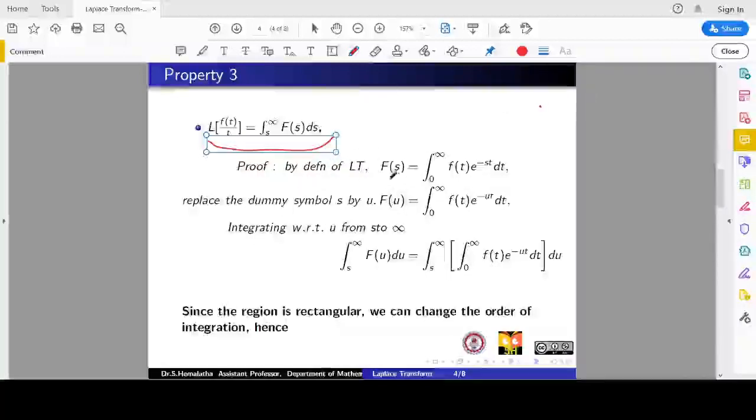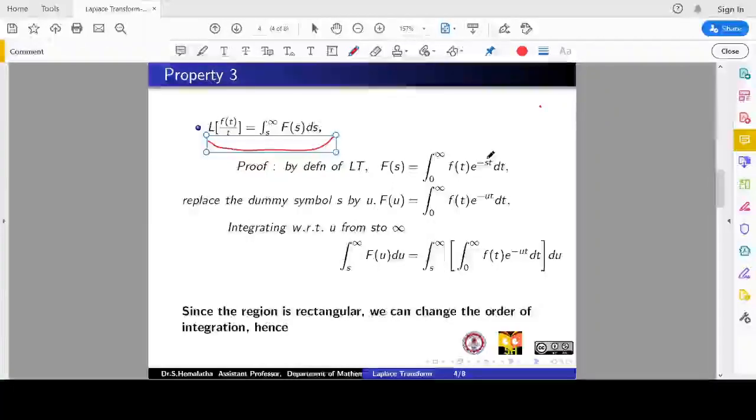Okay. So to prove this, take this F(s). Again, I'm talking about the right hand side. This is my F(s). As we all know, F(s) is nothing but the Laplace of f(t), so I have just written f(t) here. I need to do some change of order, so I'm replacing the dummy variable t with u.